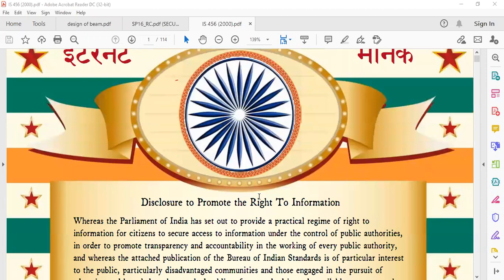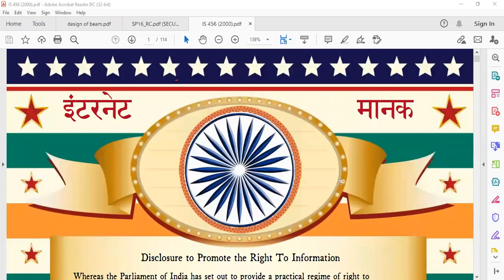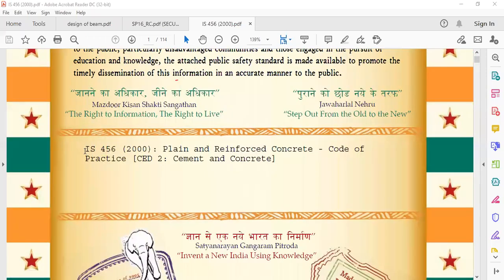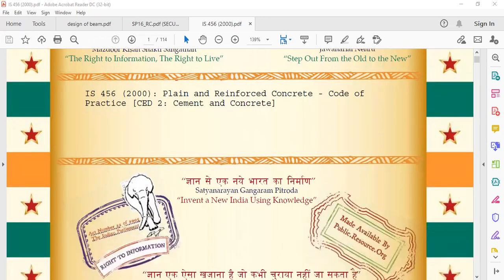So, this is the particular IS code. You can see that this is IS 456:2000, Plain and Reinforced Concrete Code of Practice, CED 2, Cement and Concrete.